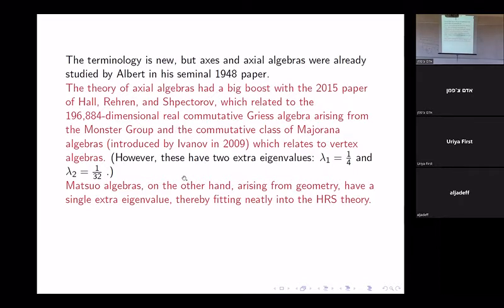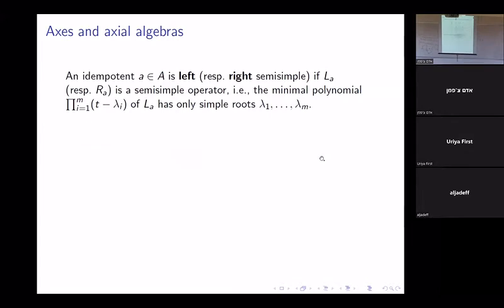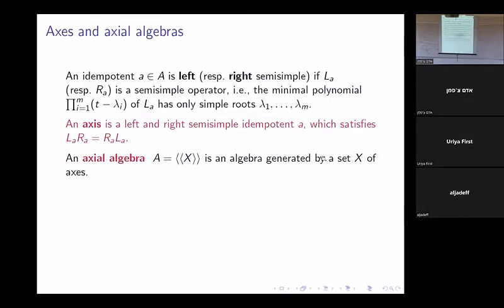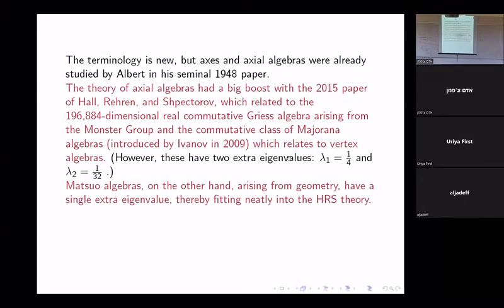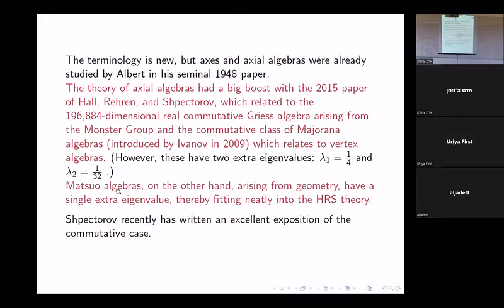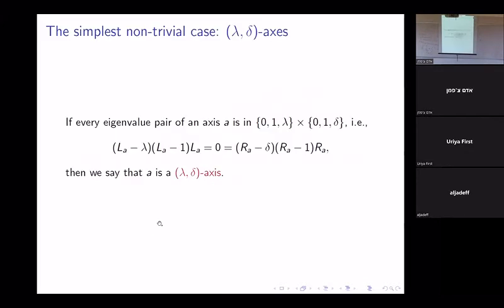So some of them have two eigenvalues other than 0 and 1, like the Majorana algebras have a quarter and a 32nd. And okay. And if you're interested after this lecture, read the article of Spectorov. It's a wonderful article.